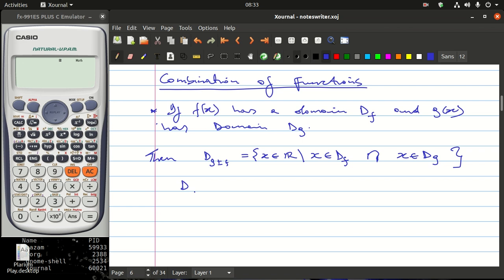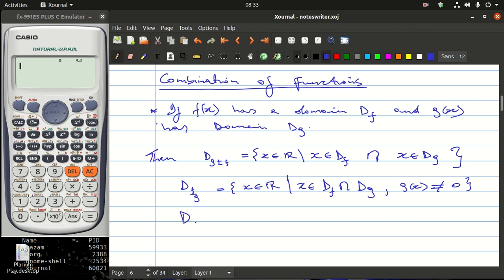And if you want the domain of f of x divided by g of x, again, x is an element of real numbers such that x is an element of d of f and d of g, such that g of x is not equal to 0. So this is also another way of looking into this. If you end up having to add these two, or divide these two, you get that.